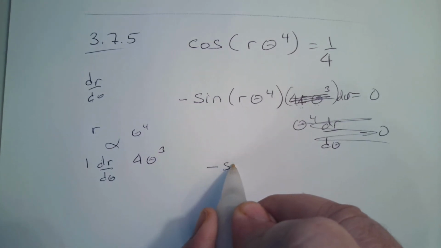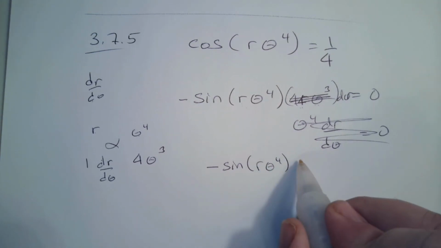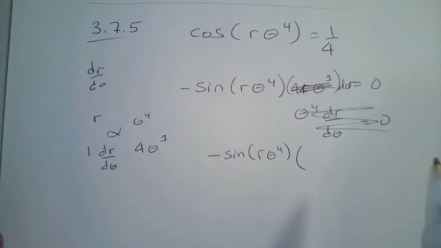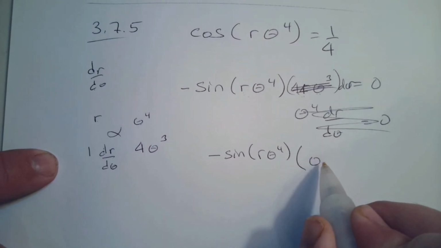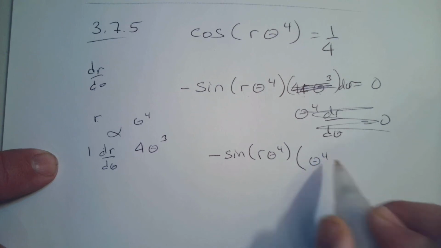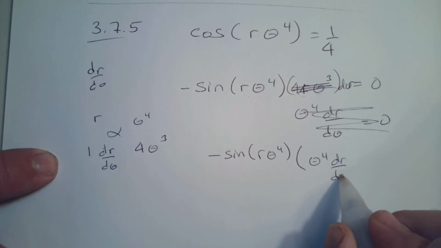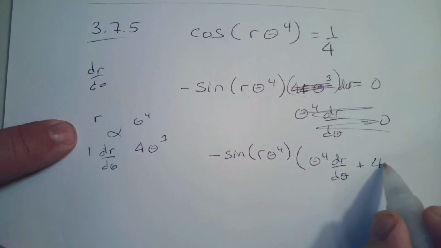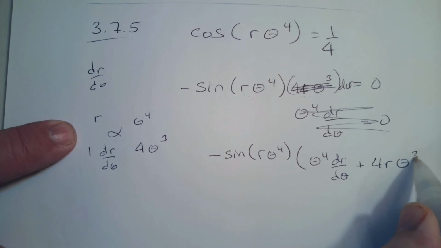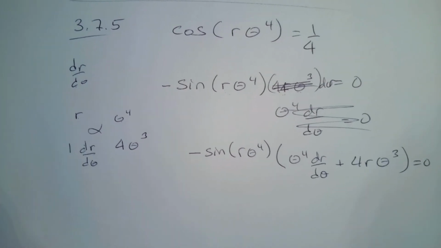So it's negative sine of r theta to the fourth times theta to the fourth dr d theta plus 4r theta cubed equals 0.